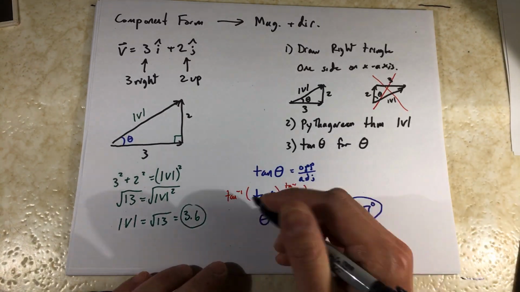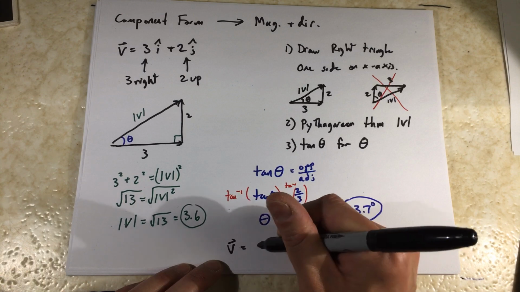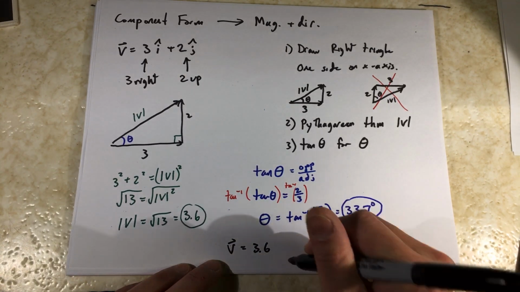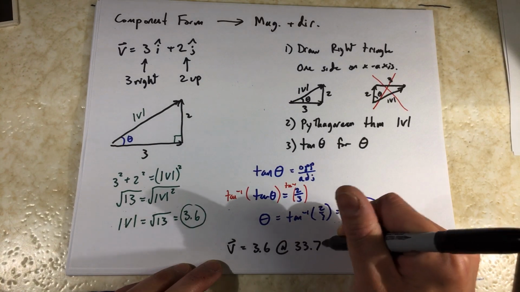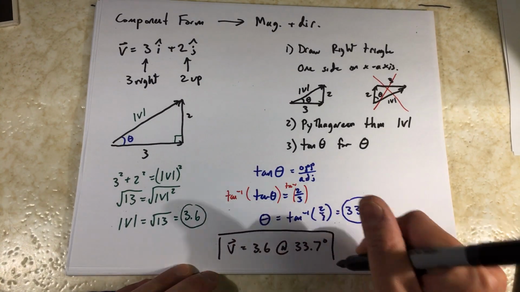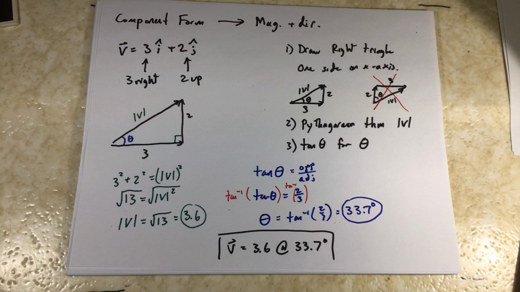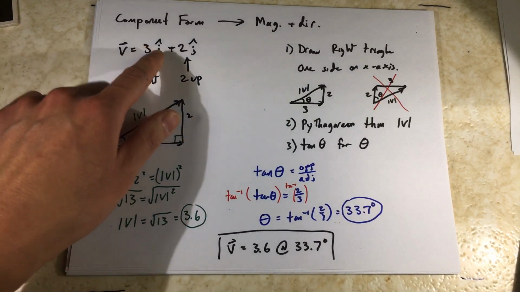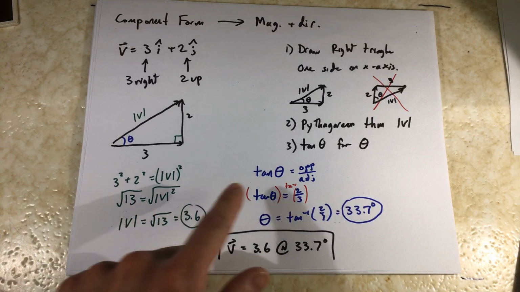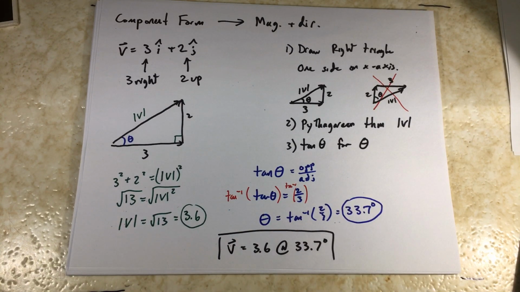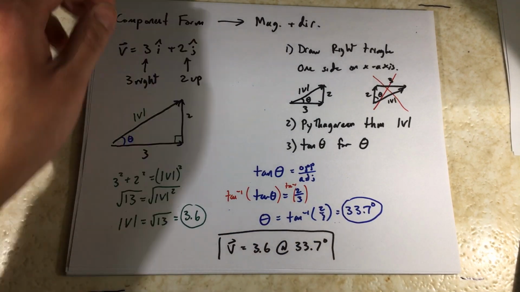And altogether, the way I would write the magnitude is 3.6 units long, and then the at symbol, 33.7 degrees. So given this component equation, you create a triangle, Pythagorean theorem for the magnitude, tangent theta for the angle, and that's what you end up getting.